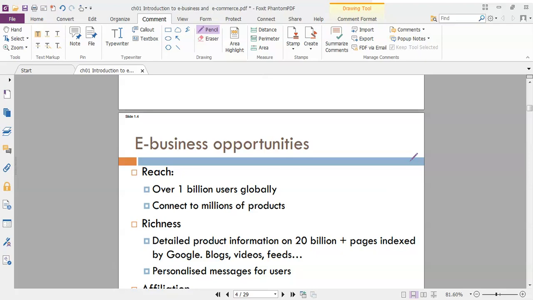If we have a website, it can reach over 1 billion users globally. Throughout the world, everyone can see our product, so we connect to millions of products. That's why nowadays every business is selling online.